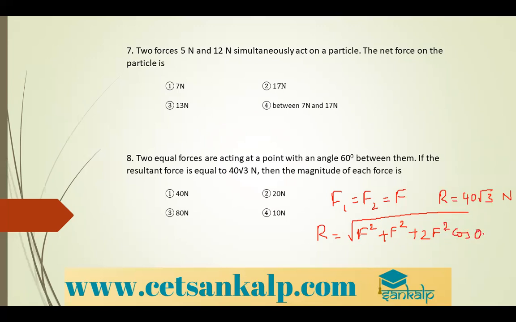Right? What angle have they given? 60 degree. So what is cos 60? 1/2. Substitute that. R is equal to root of 2F square plus 2F square into 1/2. So half and 2 cancel.